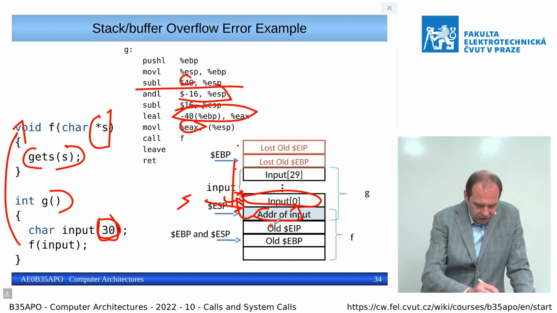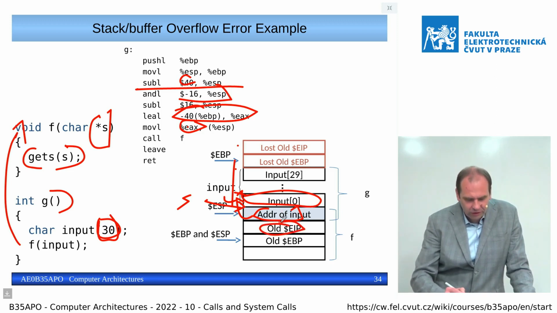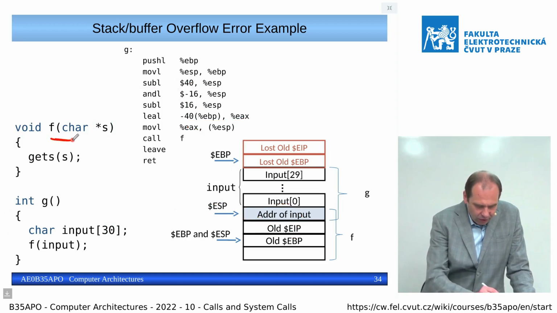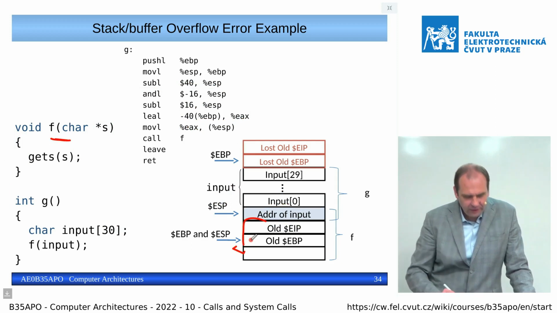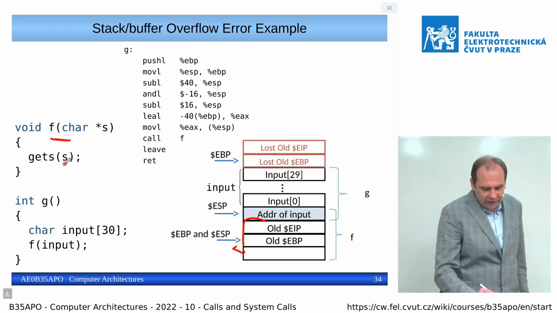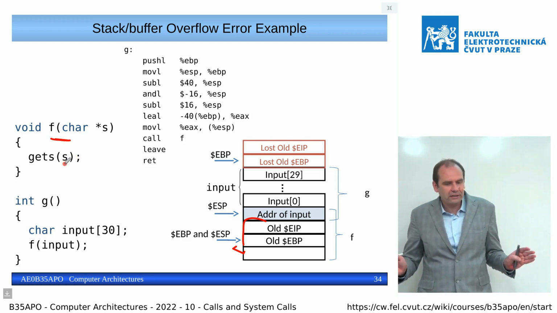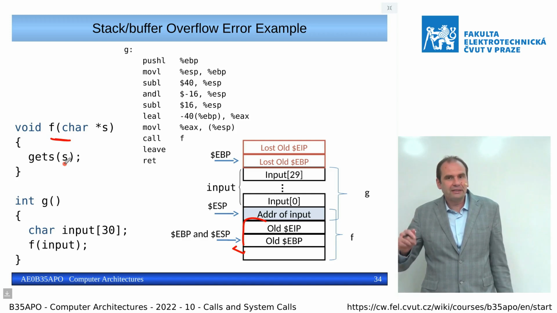Call the function f, which means that we start with EIP, and the function usually by its startup code stores even the EBP. So this is the stack of function f. This calls the function gets, and somebody writes more characters than 30, or 29 in fact, and then presses enter.